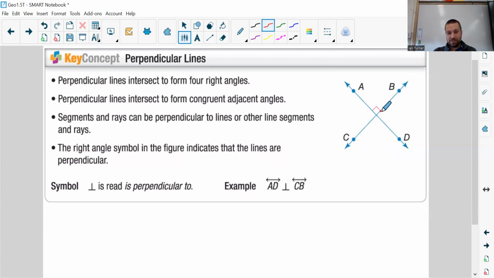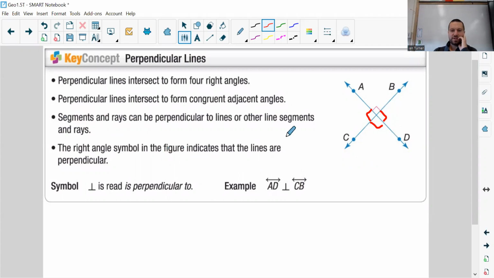Because we know the ones next to it are going to have to be 90. We know the ones across from it are going to have to be 90. So we got all these 90-degree angles, right? Absolutely.